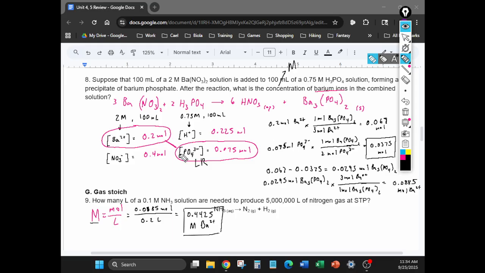And then we figured out which ion we run out of. We figured out it was phosphate. And then we used this part right here to figure out how much barium is left inside the combined solution, and then we use the total volume to find molarity. So if you break it down into those steps, it's honestly not that bad.